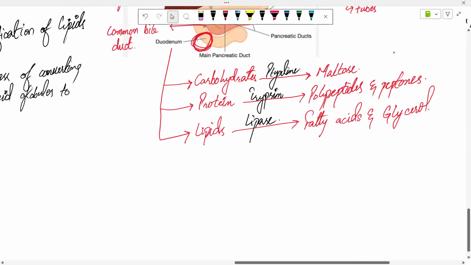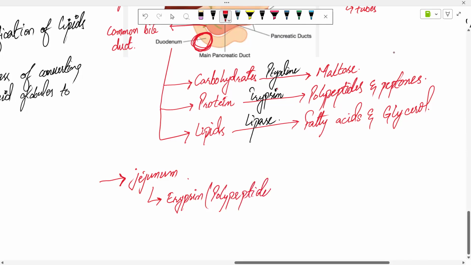Now, what is the second part of the small intestine, that is jejunum? In jejunum, there are other enzymes for proteins. There is erepsin. Erepsin is the enzyme that will convert the polypeptides to amino acids.